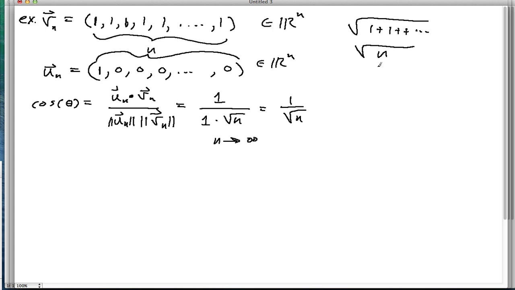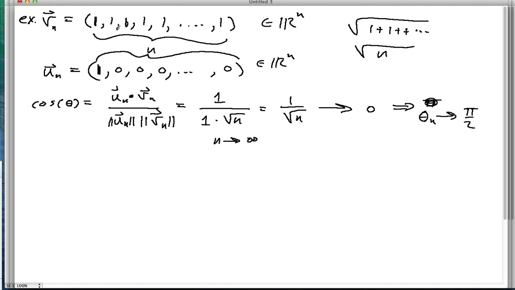Okay, so as n goes to infinity, as n gets bigger and bigger and bigger, we have a bigger and bigger vector. We have a higher and higher dimensional space. That's eventually going to go to 0. And that implies that theta n is approaching pi over 2, i.e., we're approaching orthogonality as these two vectors, even though they have one component where they are parallel.